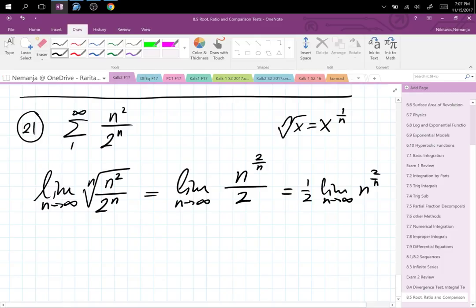Yeah, what now? It's infinity to 0. Can you do something to it? Yes. What would that something be?